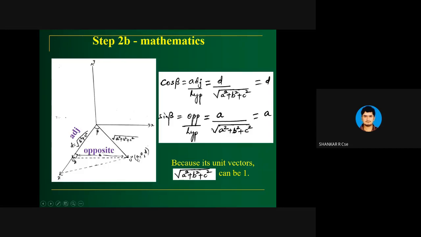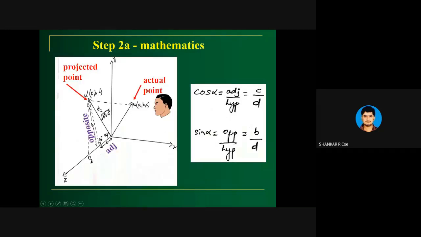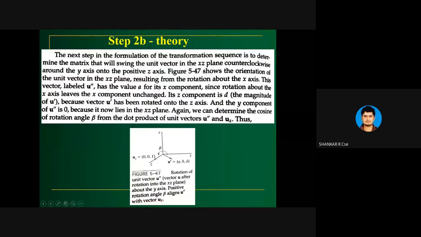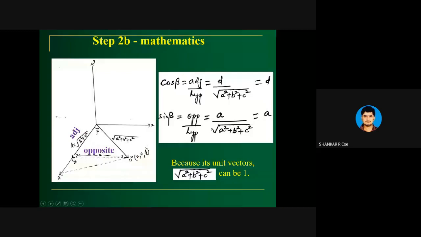Since a and z don't get affected, a remains as such. Z is actually this distance which I talked about here. If you rotate this 1 kilometer, eventually it will touch uz, that is your d. Since that is d, z becomes d.